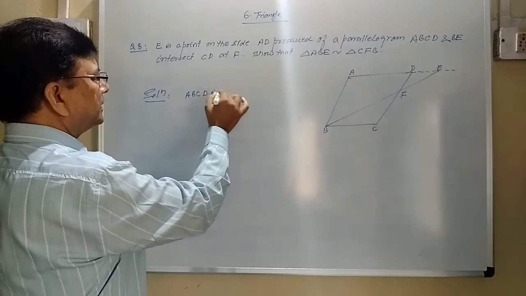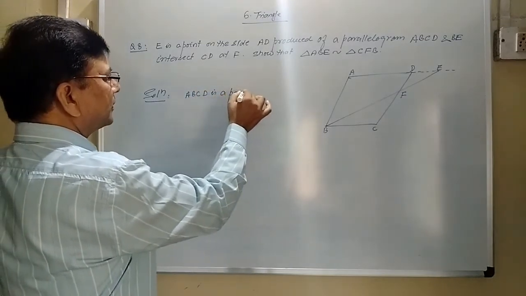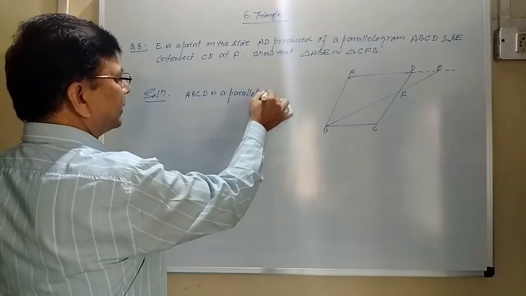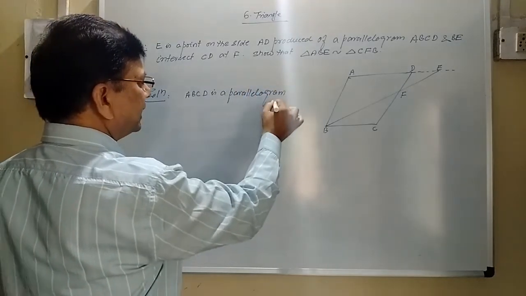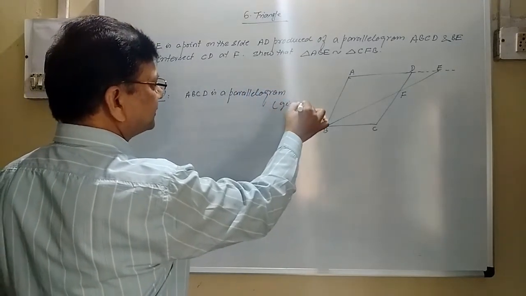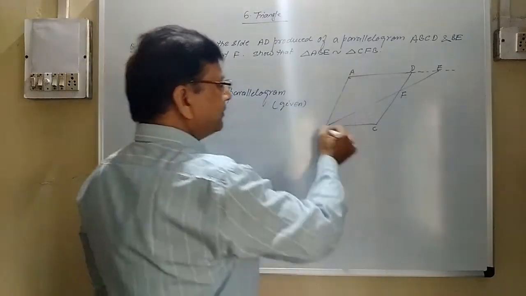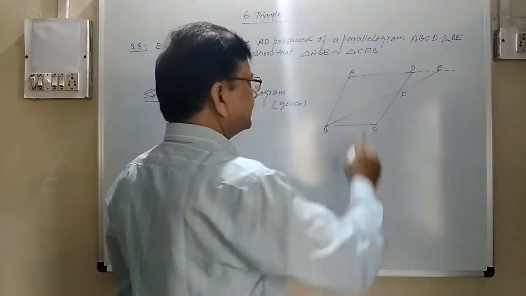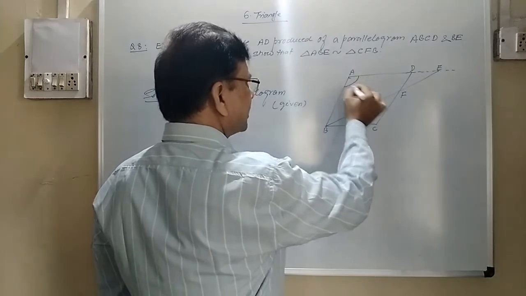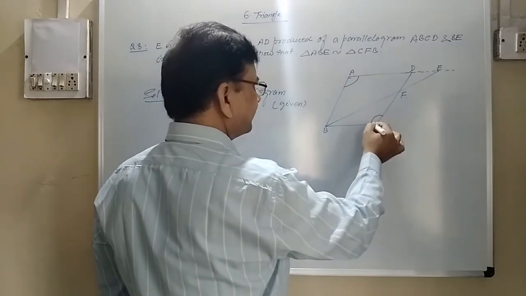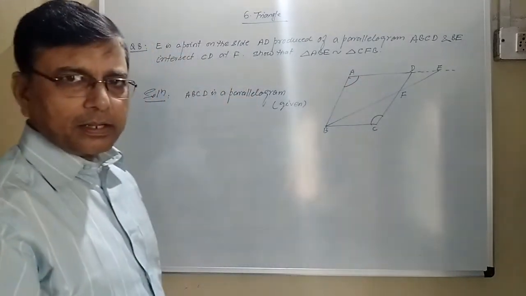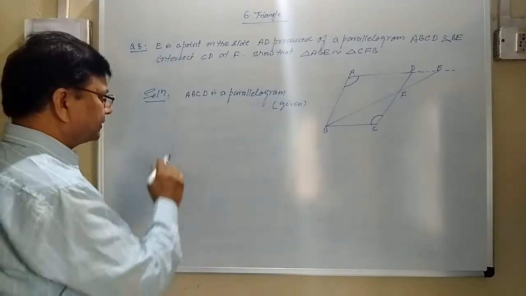ABCD is a parallelogram. It is given. ABCD is a parallelogram, then opposite angles of any parallelogram are equal. It is known.